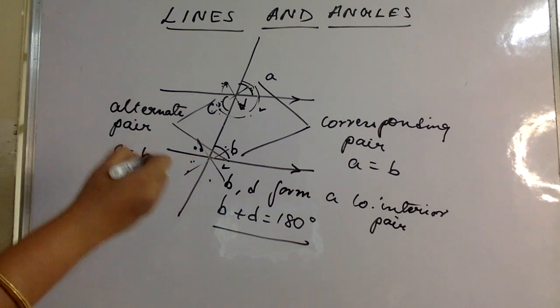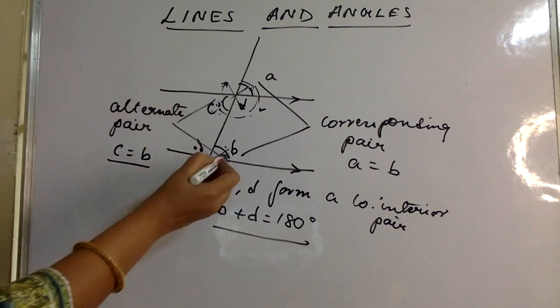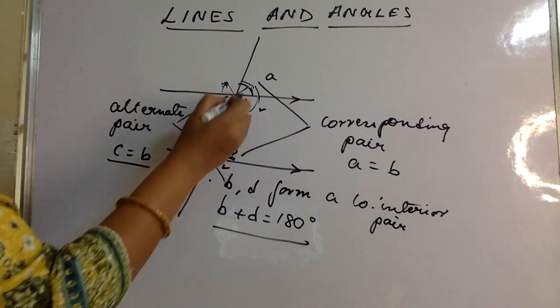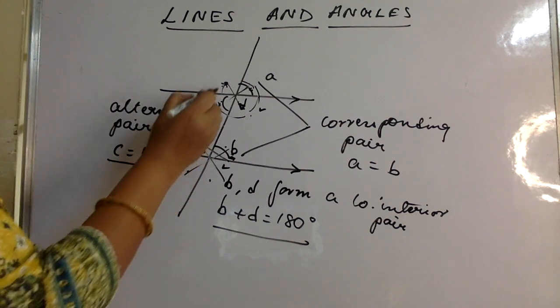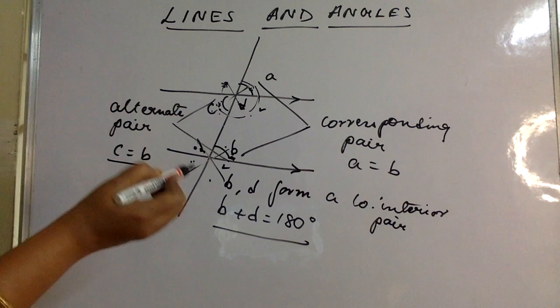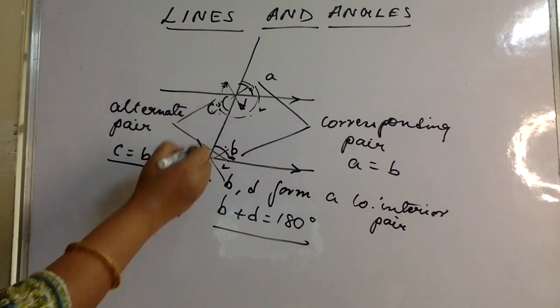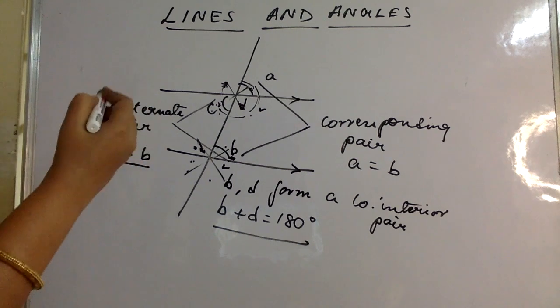It's like if you are stepping up a ladder, if you place your foot here, then the other foot goes here. So one is inside the two lines, one goes outside the two lines. That forms a corresponding pair.